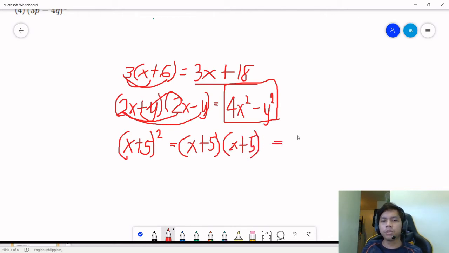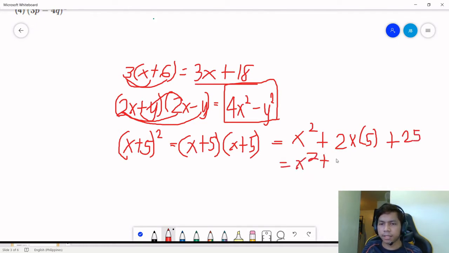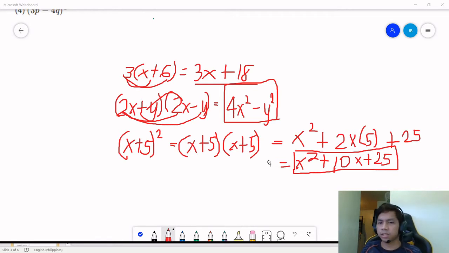That will be equivalent to x squared plus 2 times x times 5 plus 25. So we can say that this is x squared plus 10x plus 25. How did we arrive at this answer? That's the special product, square of a sum.